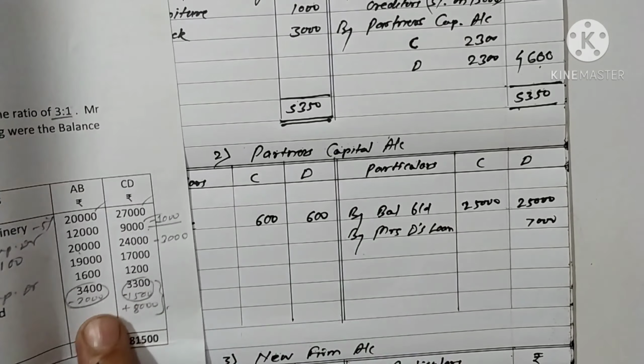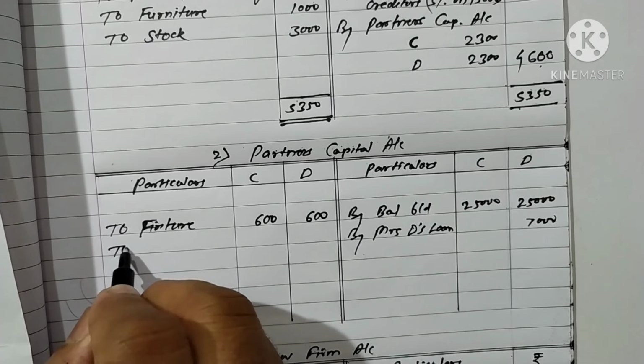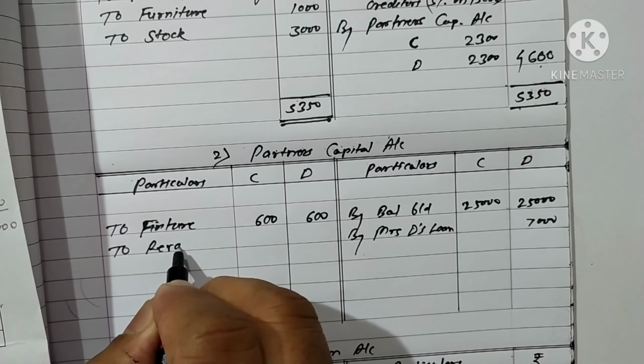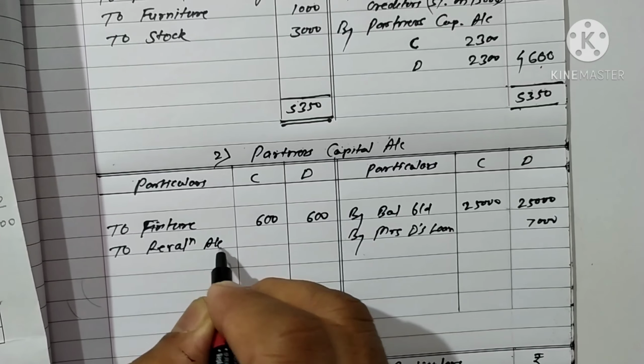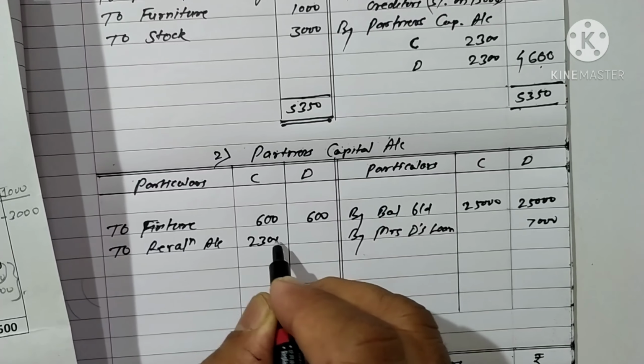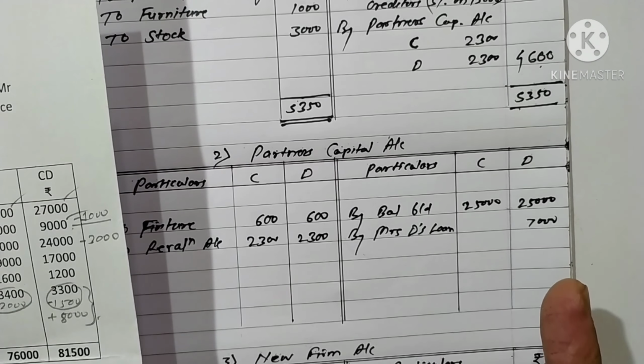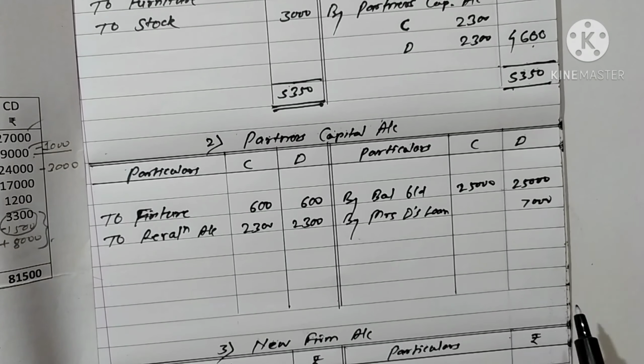Now, we have to transfer revaluation loss on partners account debit side, to revaluation account rupees 2,300 and here 2,300. Now we go to close the partners capital accounts.